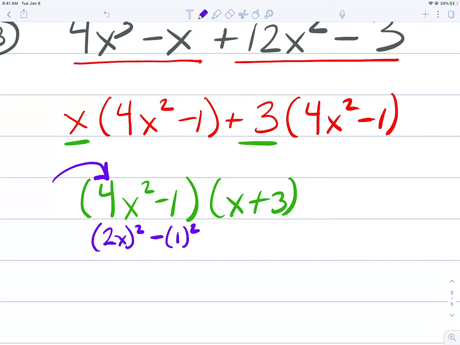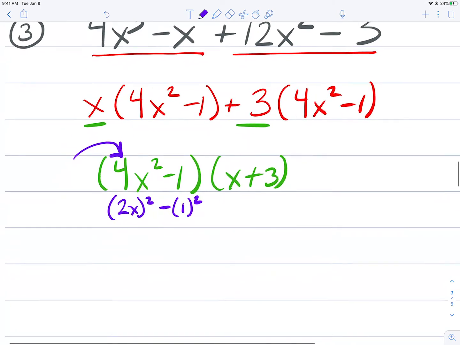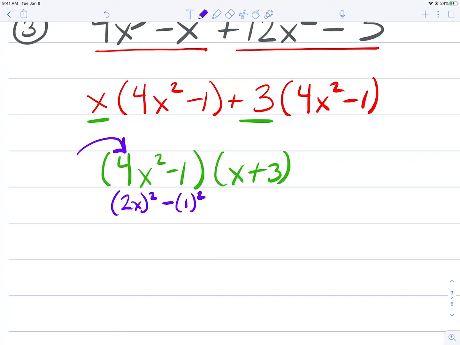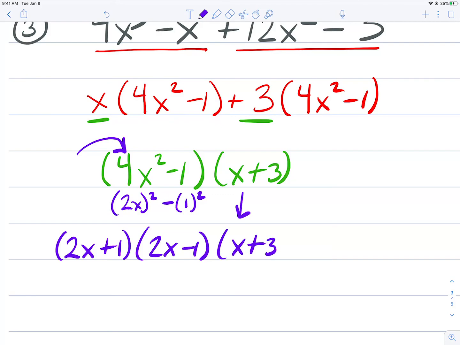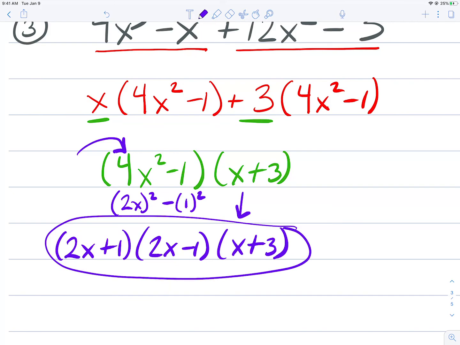So for today's and tomorrow's assignment, be very careful that your answer doesn't have a difference of two squares inside of it because then you need to factor one more time. So if we were to factor that 4x squared minus 1, we would get 2x plus 1 times 2x minus 1. And then our x plus 3 that was already there is part of our answer. So this is fully factored.